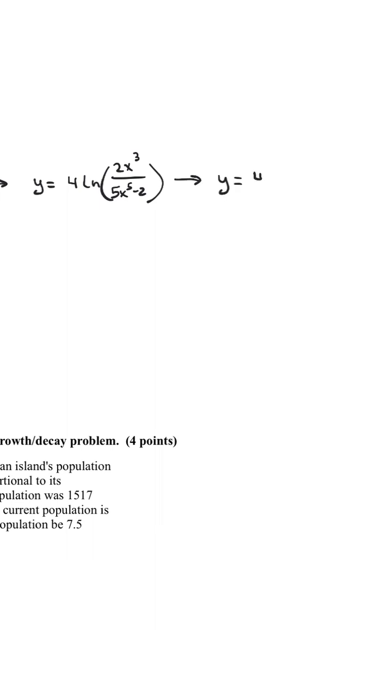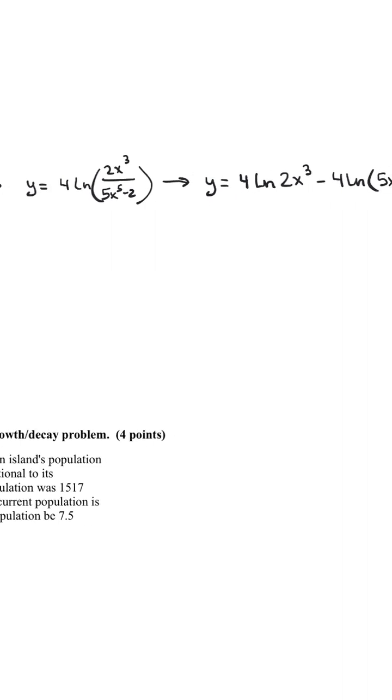So that 4 is going to stay a coefficient for both logarithms. And then I'm going to also go ahead and expand that because we have a product 2 times x to the third. And that 4 is going to be a coefficient of both of those.